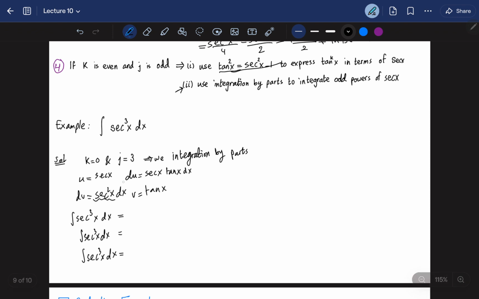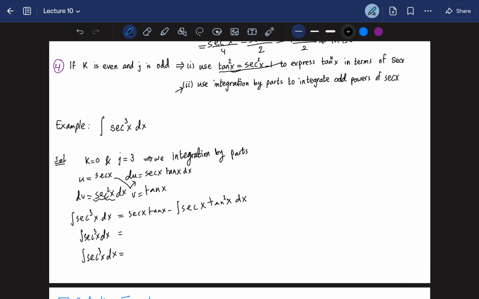If I integrate secant squared, this is just tan. Now applying the integration by parts formula, u times v minus the integral of v times du. So this is secant tan squared x dx. So now what do we do?